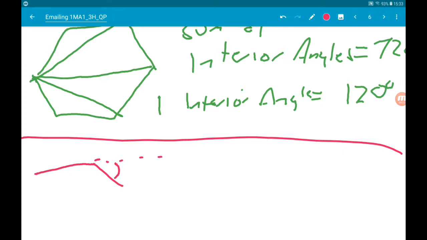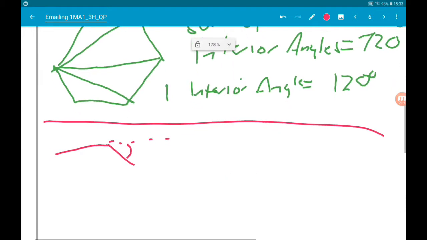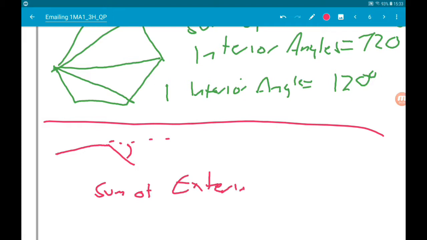So there are two important things here: the sum of exterior angles for any number side shape is always 360 degrees. So, however many sides a shape has, as long as it's regular, you can find its exterior angle by dividing 360 by the number of sides.